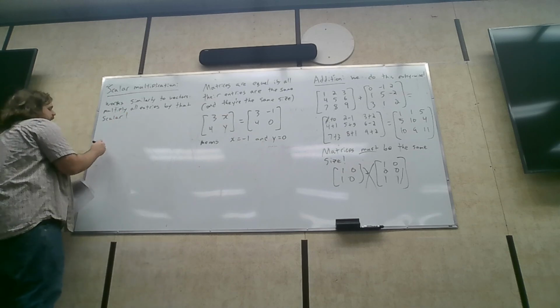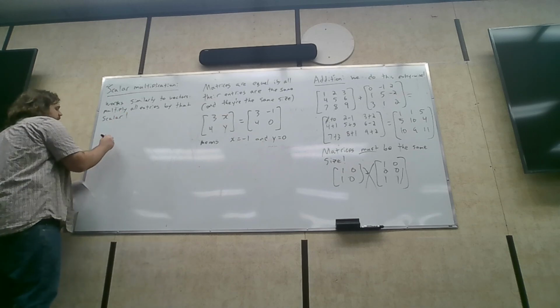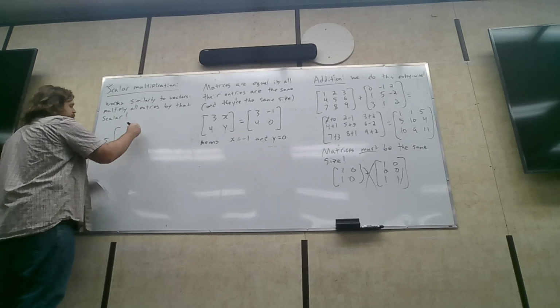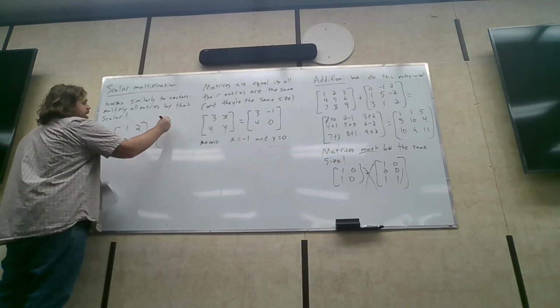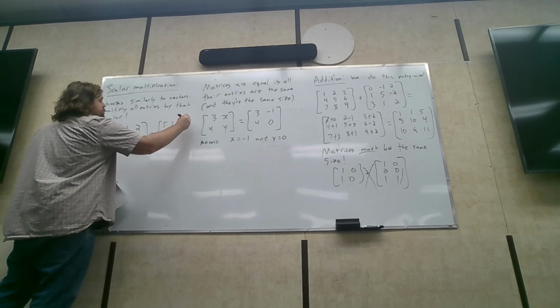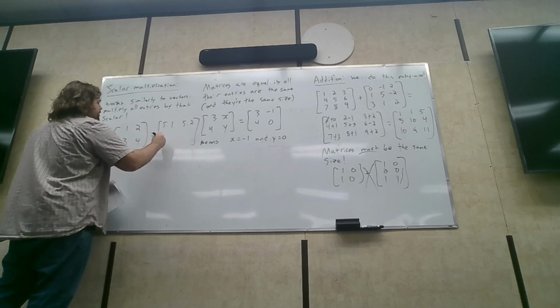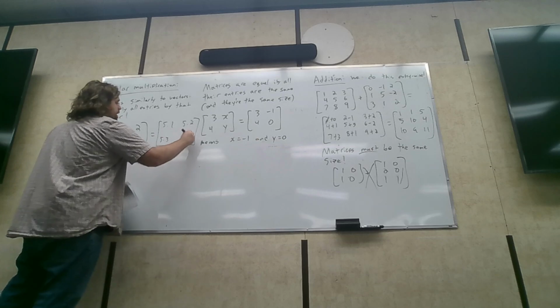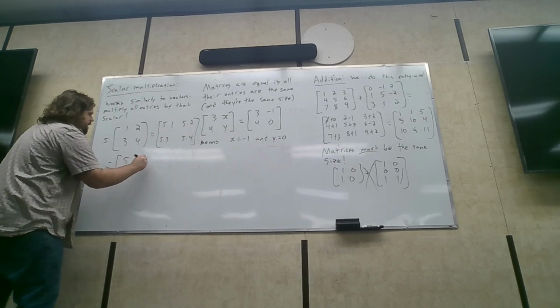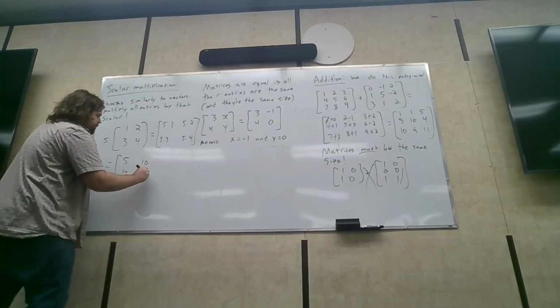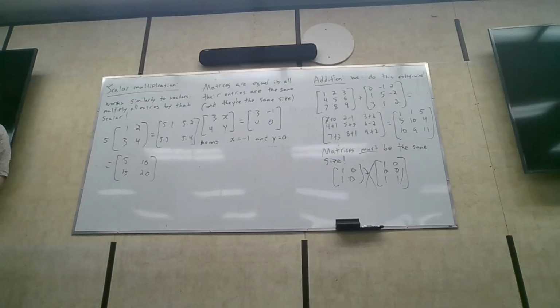So if you had, say, 5 times the matrix 1, 2, 3, 4, that's just 5 times 1, 5 times 2, 5 times 3, and 5 times 4, right? Exactly how you would hope it would. That's 5, 10, 15, 20. Okay, so far, so good.